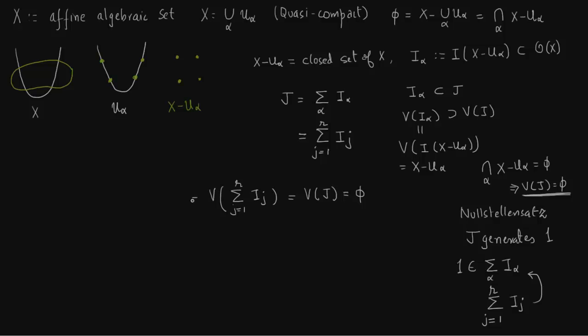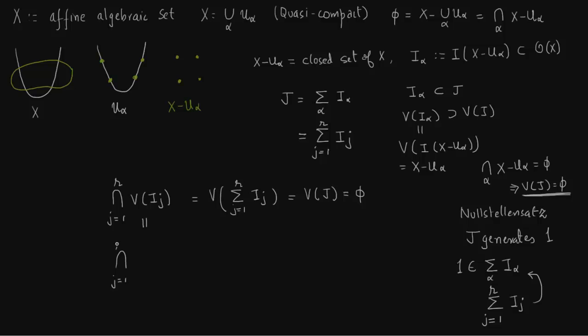The vanishing set of J is the null set, which you write like this, but the summation sign becomes the intersection for each j. Now we are almost done. So what is this intersection? Those i_j's are nothing but the ideal of X minus U alpha.